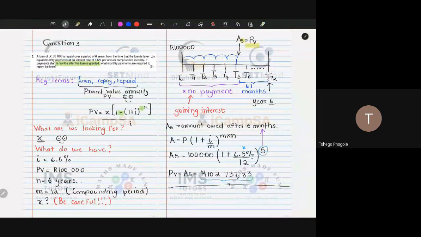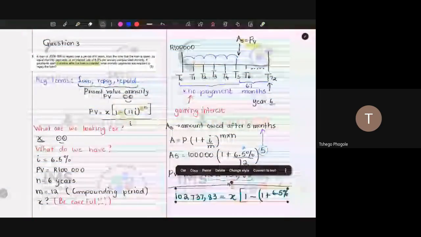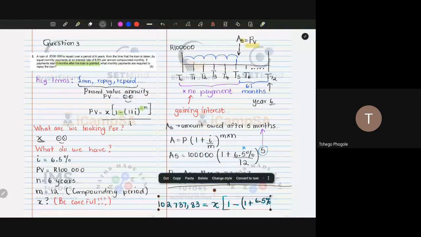Our PV is 102,737.83 equals X, which is what we do not have and are looking for, times 1 minus 1 plus our interest rate, which is 6.5%.